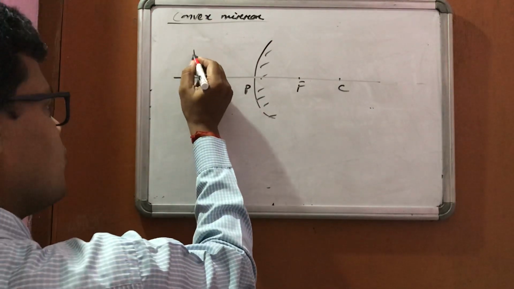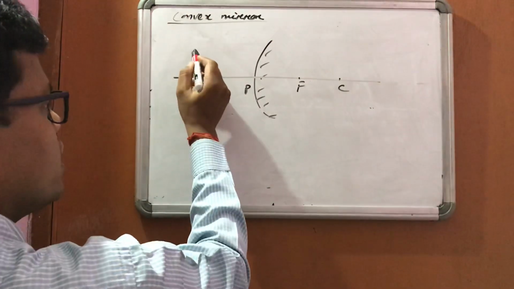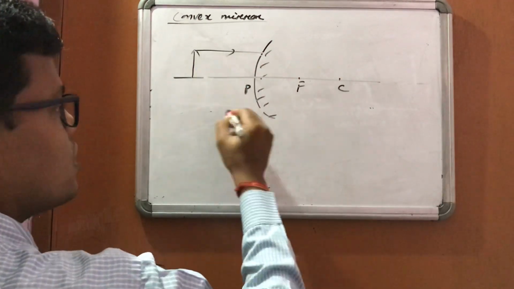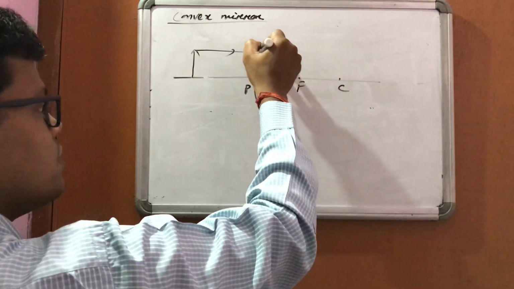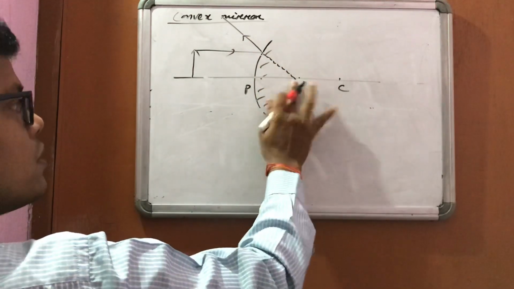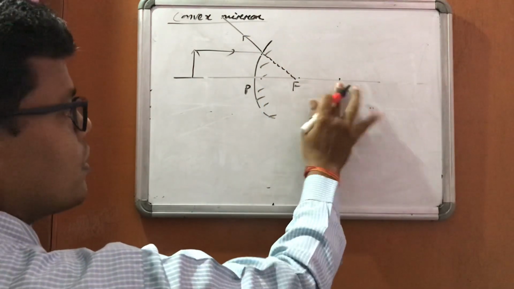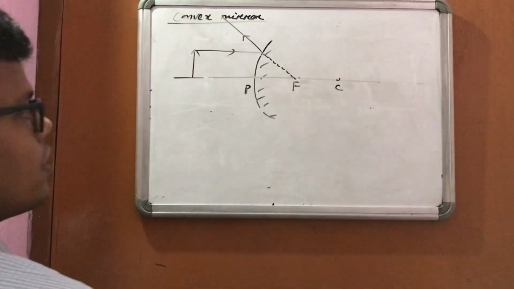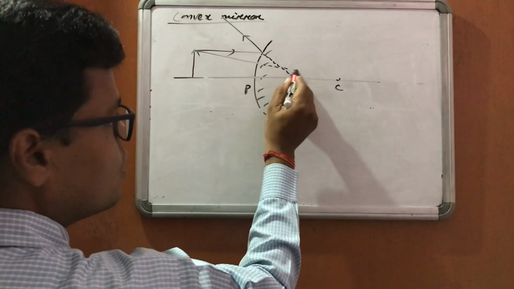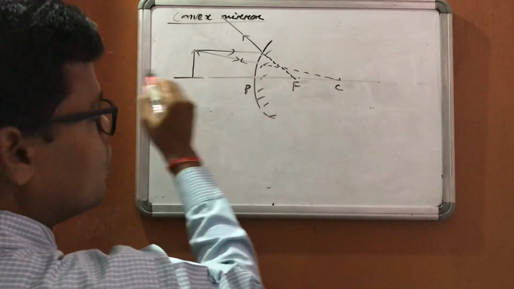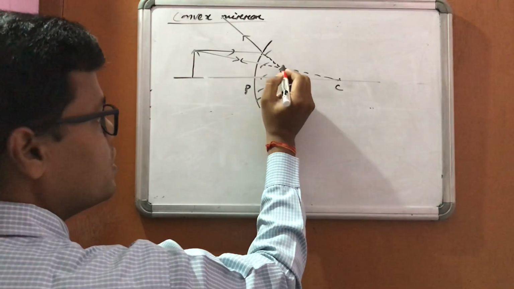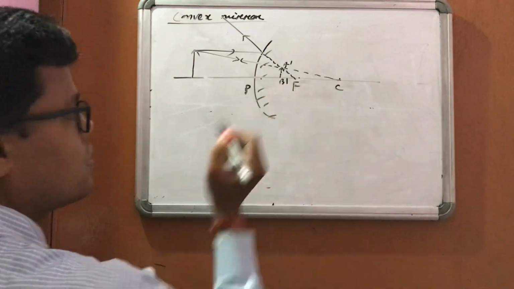But for any other position, look at here. The light ray coming parallel to the principal axis will diverge. They seem to come from the focus. Now, light ray coming towards the center of curvature will retrace its path. You can see they meet here. That's why a virtual image A dash B dash forms.